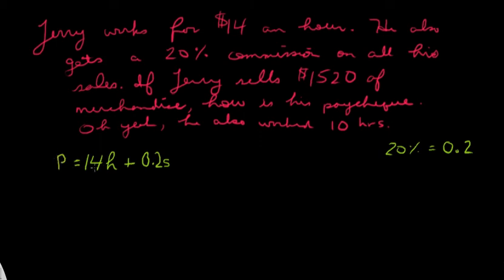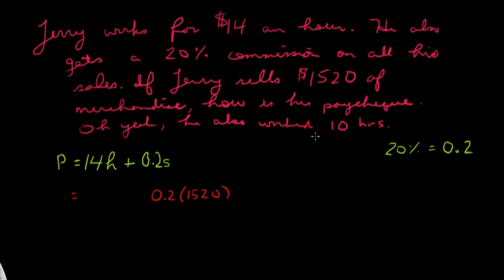Great. Now the question has also given us some information that we can input. So Jerry sells $1,520 of merchandise. Well, we know that how much he sold was s, so we can substitute 1520 for s. So let's do 0.2 times 1,520. And he also worked 10 hours, so we can substitute that for h. And P, we don't know what P is. That's what we're trying to solve for. We can do a little bit of quick math here.